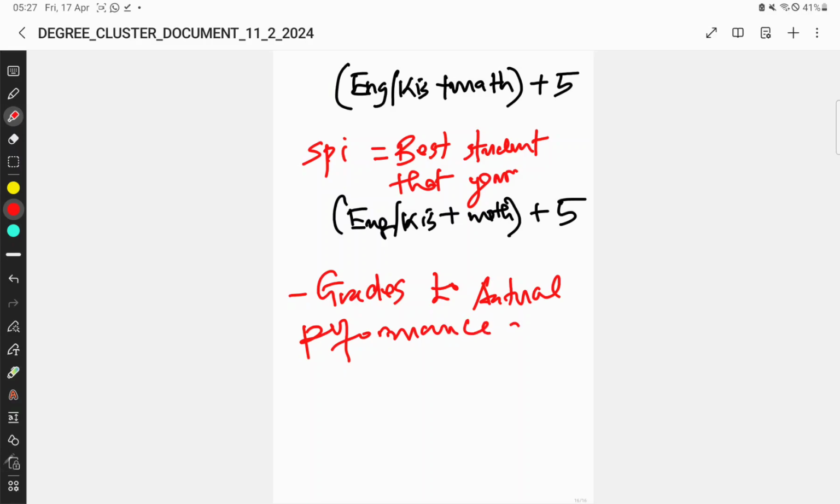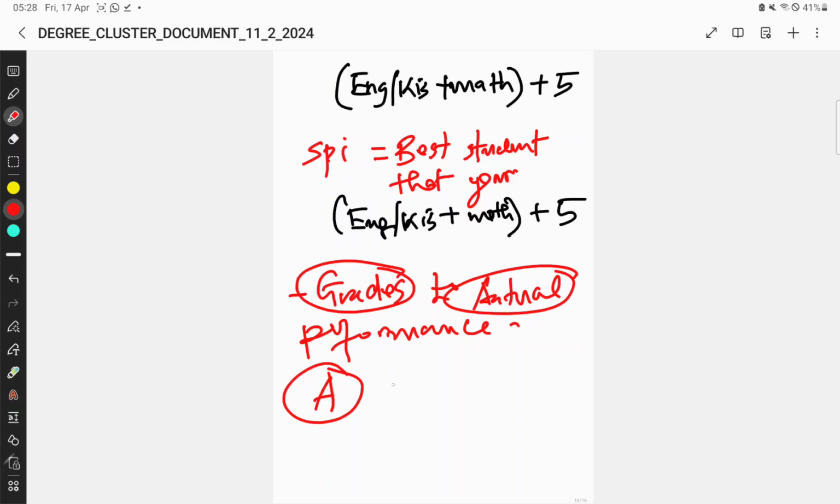This means that the placement body will not rely on the grades in your placement, but it will rely on the actual performance. So don't be happy that you have scored an A. This is not enough. Ask yourself, what is your actual marks in this particular subject?